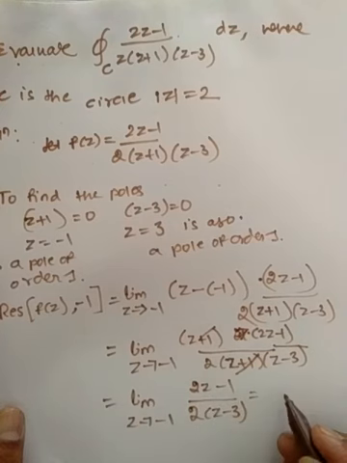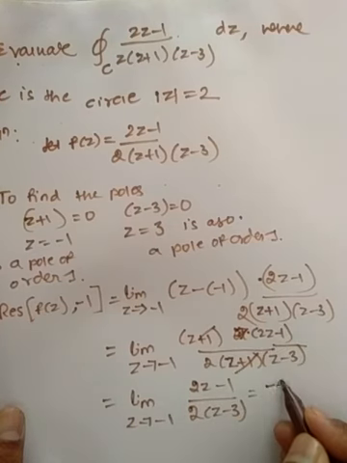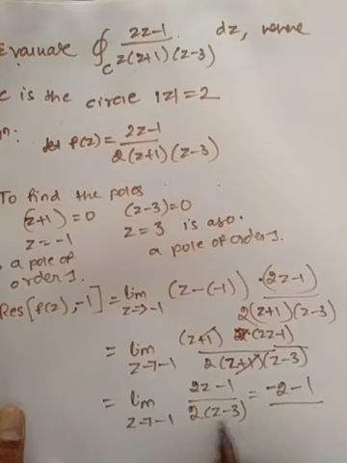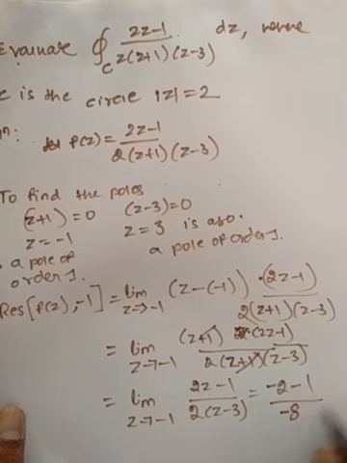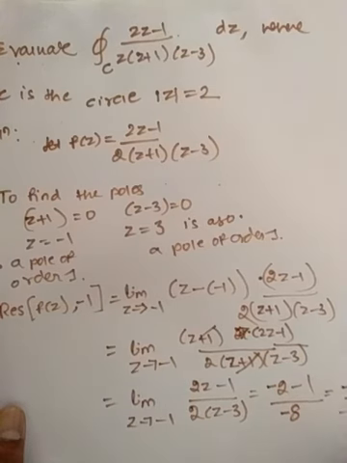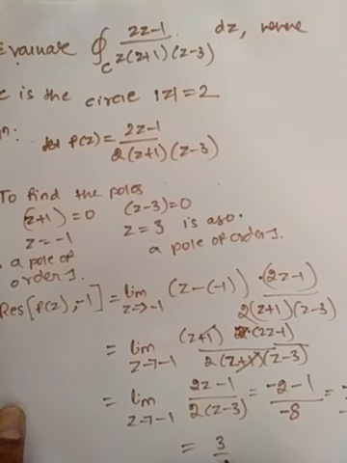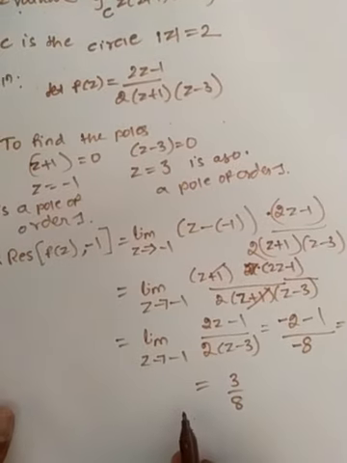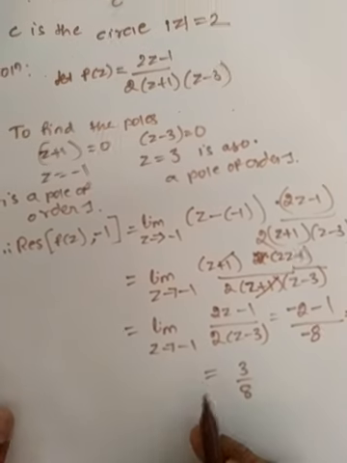This is equal to 2 into minus 1, that is minus 2 minus 1, divided by minus 1 minus 3, minus 4, into 2, that is minus 8. So that is minus 3 by minus 8, minus minus get cancelled, 3 by 8. So this is residue of f of z at z is equal to minus 1.